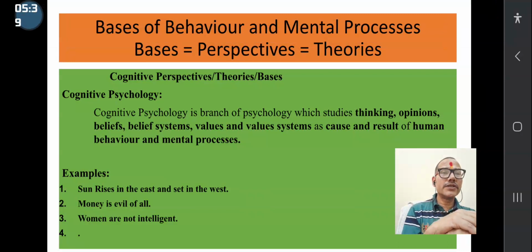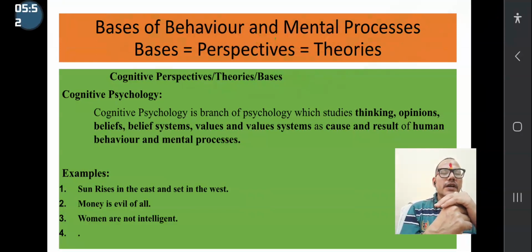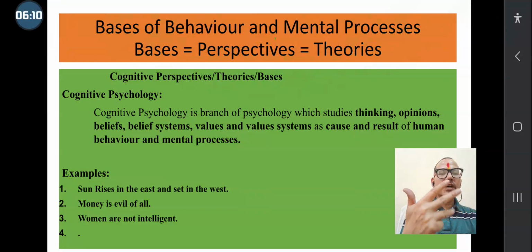Cognitive psychology is the branch of psychology which includes thinking, opinion, belief system, values and value system, as a cause and result of human behavior. It means cognitive psychology simply says the cause of human behavior and mental processes is, number one, our thinking, our opinions, our beliefs, our belief systems, our values, value systems, etc.